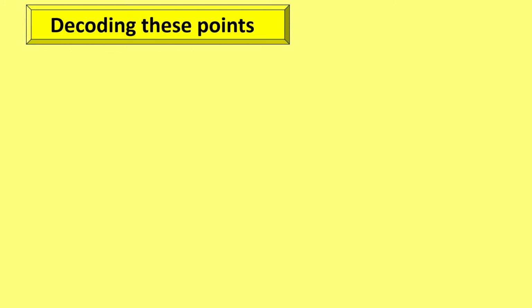Now I'm going to decode these points for you. First point is recall. We just recall our concepts which relate to our junior classes like KG, nursery, and UKG. After that, we again talk about length.